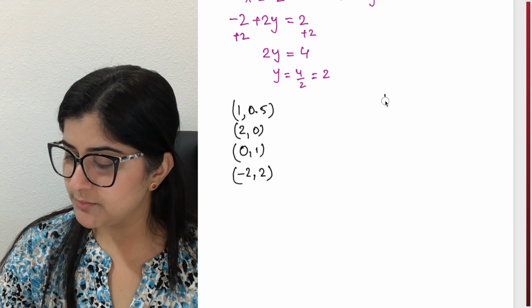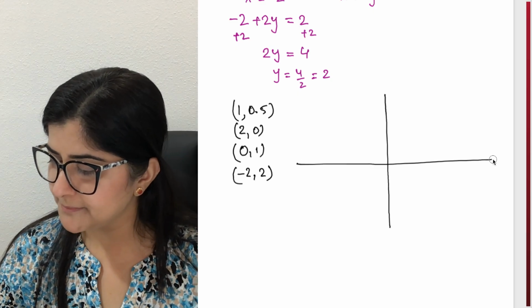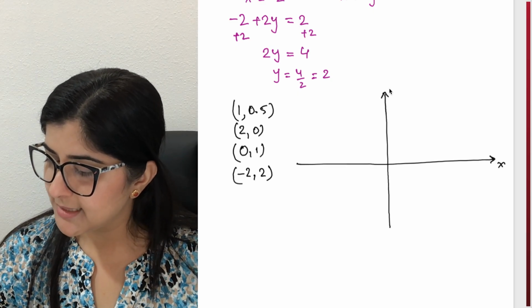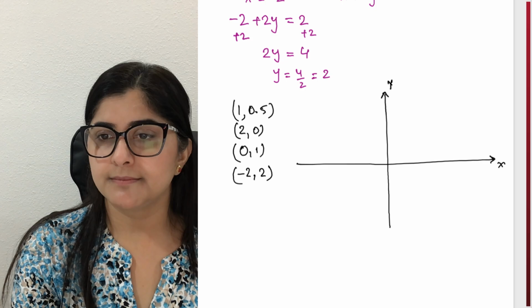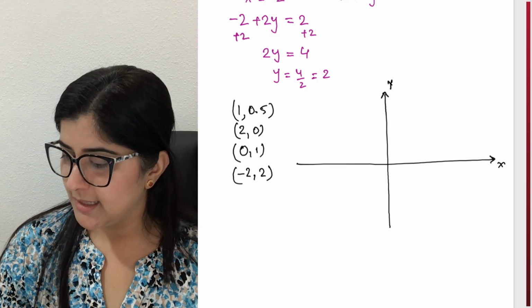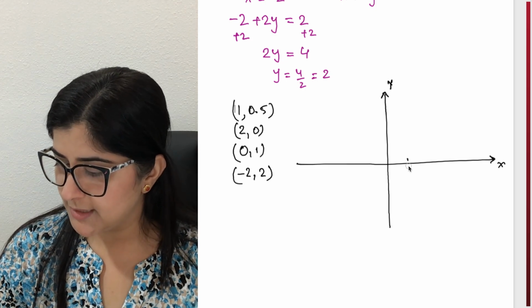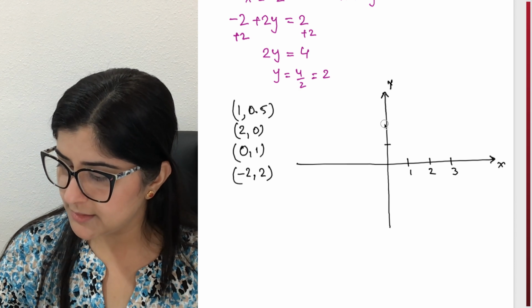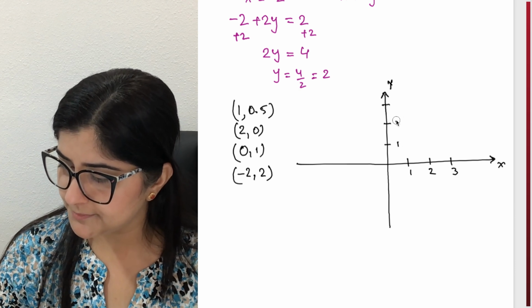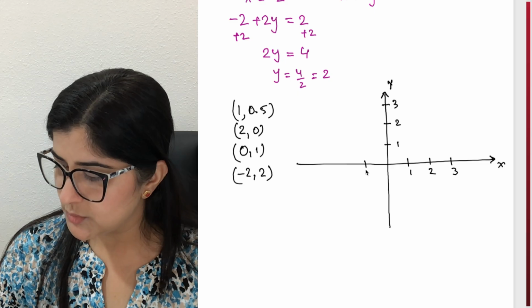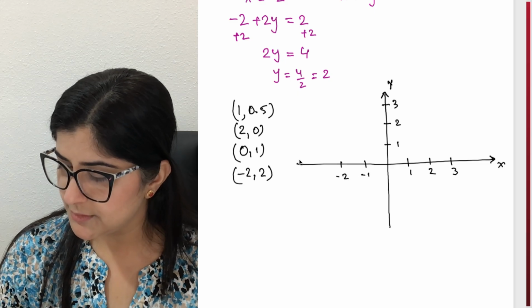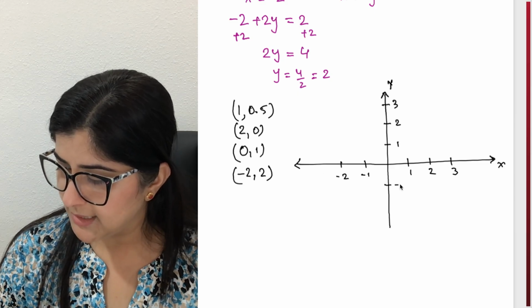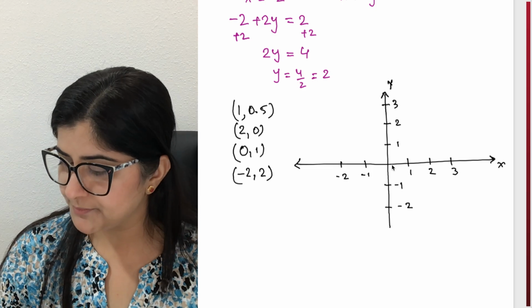Let's plot all these points on the xy plane, x-axis and y-axis. So 1, 2, 3, 1, 2, 3, minus 1, minus 2, minus 1, minus 2. This is 0.